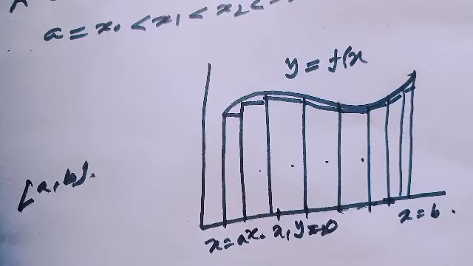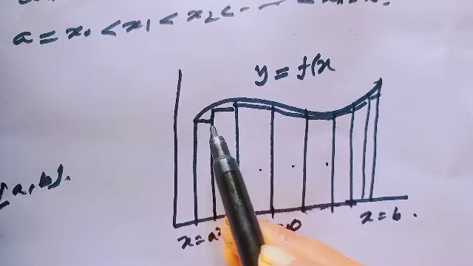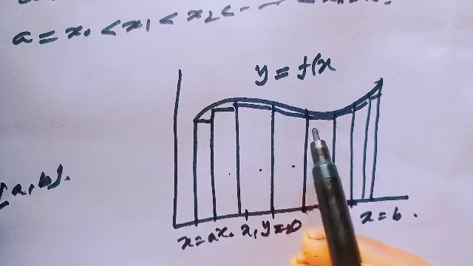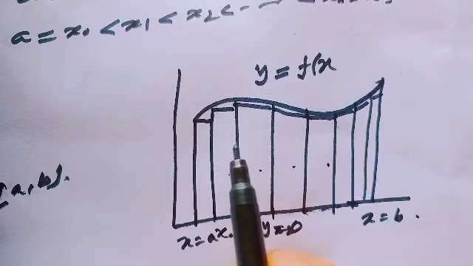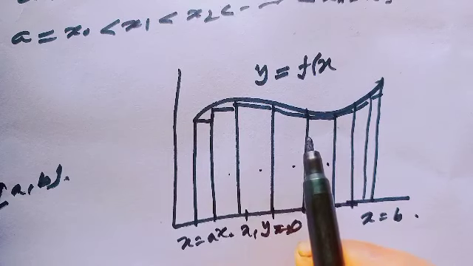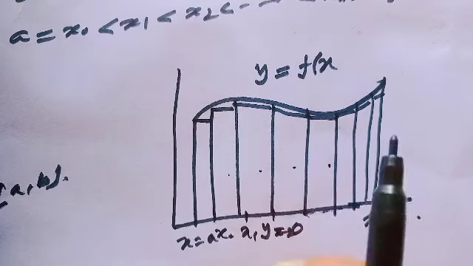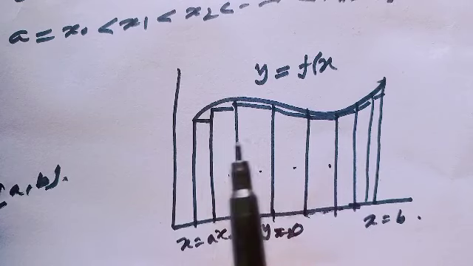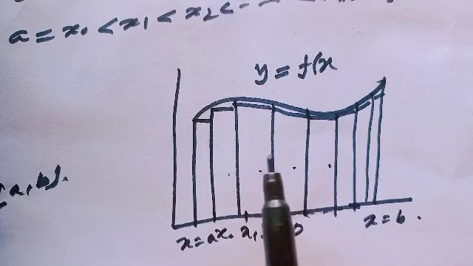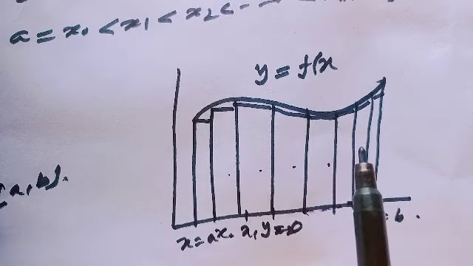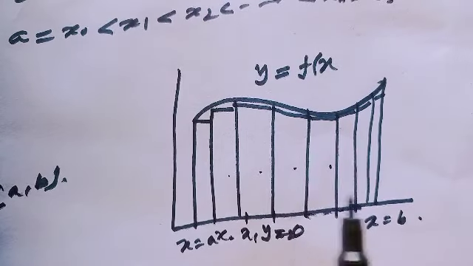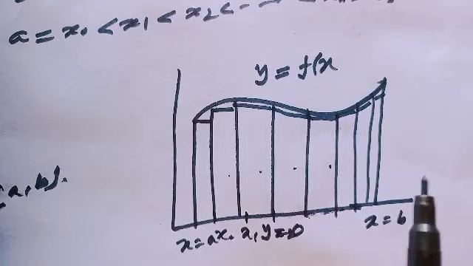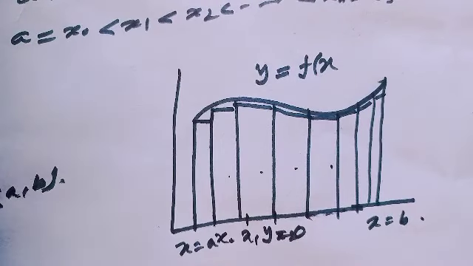Okay. Notice here one thing, these rectangles are below the function. If you find the area of these rectangles and add them together, then the sum of the areas of the rectangles is less than or equal to the area of the region below the graph of the function. Okay.